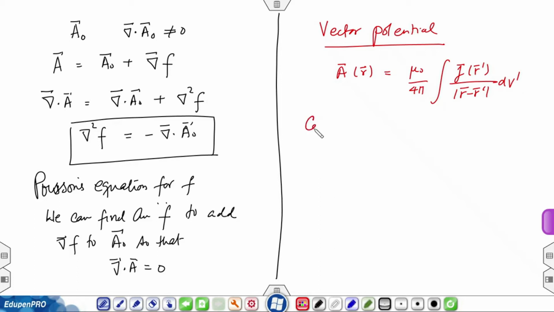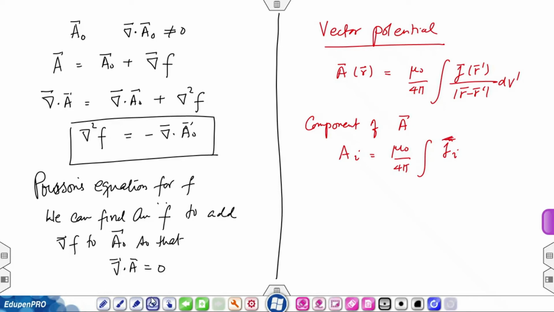The ith component of A is going to be equal to mu naught over 4 pi integration j i of r prime over |r minus r prime| d v prime.